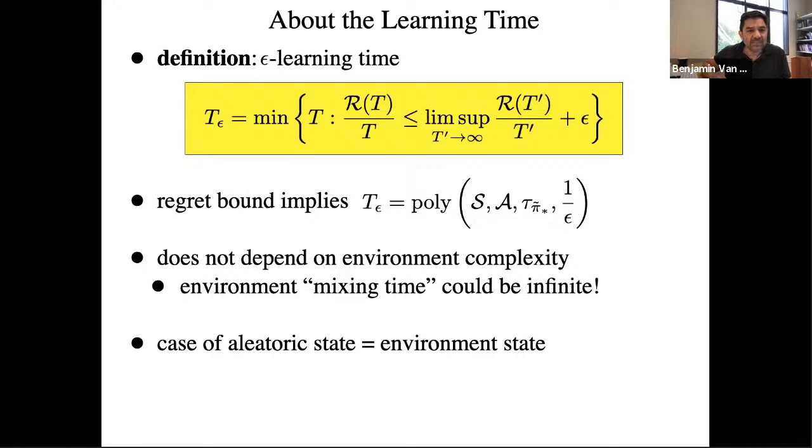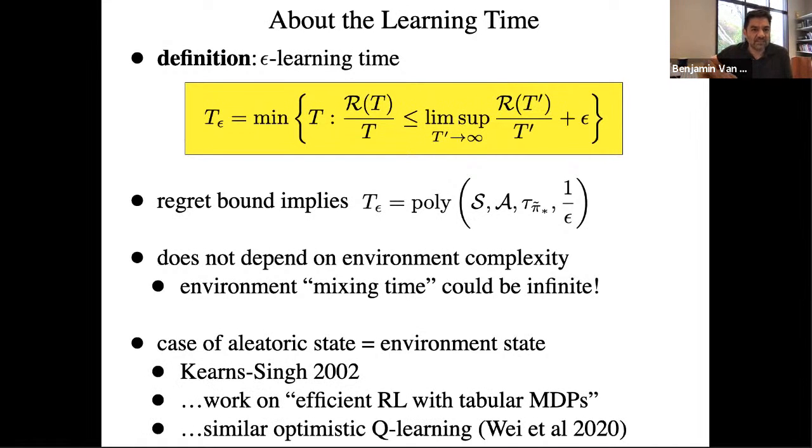Now a special case of this is where aleatoric state equals environment state. Suppose you define your aleatoric state to represent all the complexity of the environment. There's a large literature on that special case, really spearheaded by the Kearns-Singh paper from 2002, and a lot of subsequent work on that goes under the tagline of efficient reinforcement learning with tabular Markov decision processes.